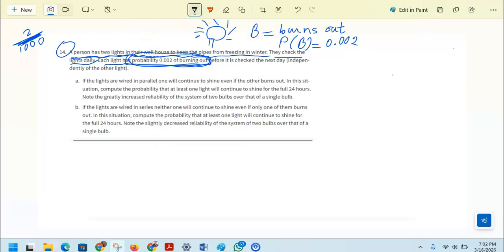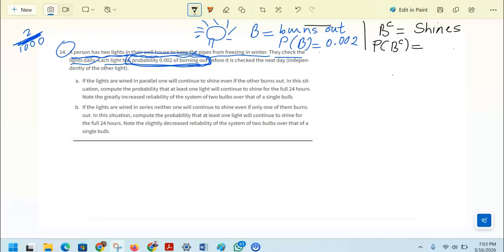Now, by just knowing this information, if this is the probability of burns out, then what is the B complement? Complement means the bulb shines. If I want to know the probability that the bulb is going to shine, it is the opposite of it burns out.